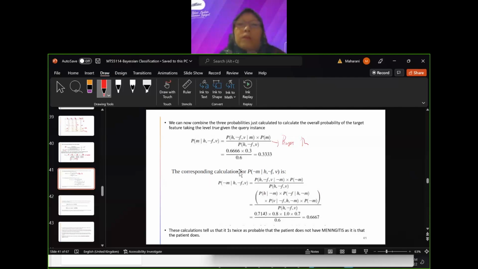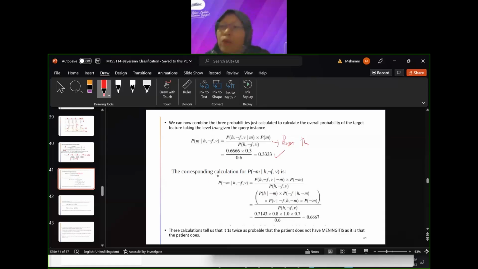So we substitute everything that we have. This one equals 0.666, right? And then P(M) is 0.3, just multiply with this. And then P of this equals 0.6. Then use a calculator, or you can do it manually, it's okay. Finally we have this one.